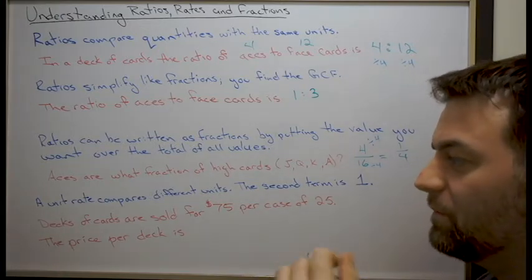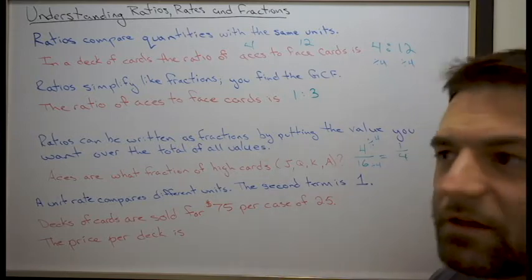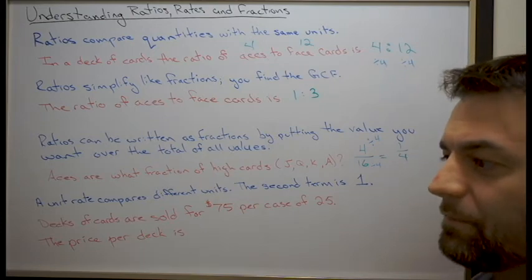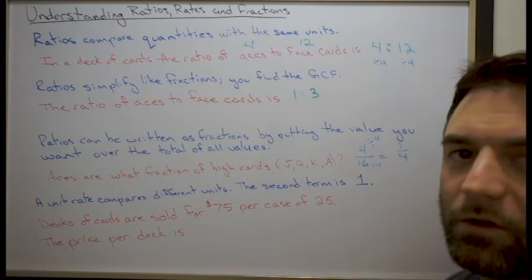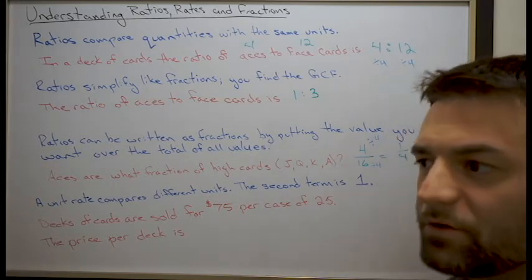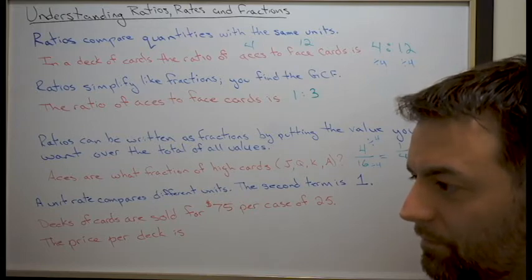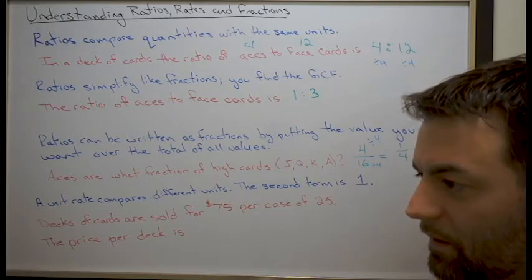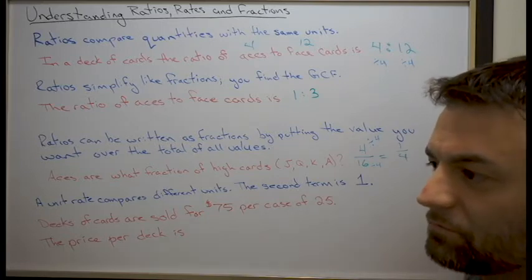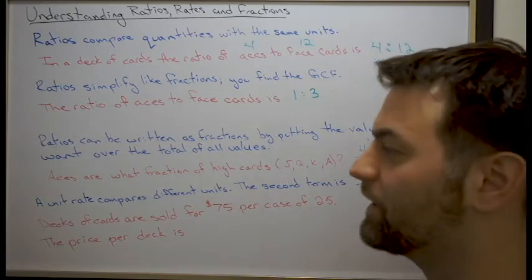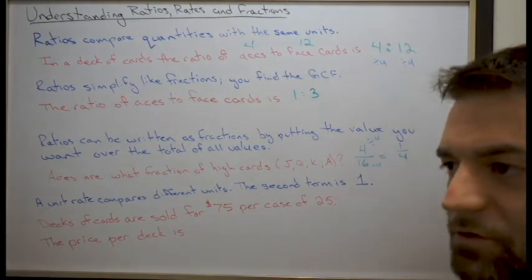It could be meters per second, miles per hour, liters per 100 kilometers, which might be one you'll see on your car. Dollars per hour, when you're getting paid. So things like that are rates, and they compare those 2 different values.